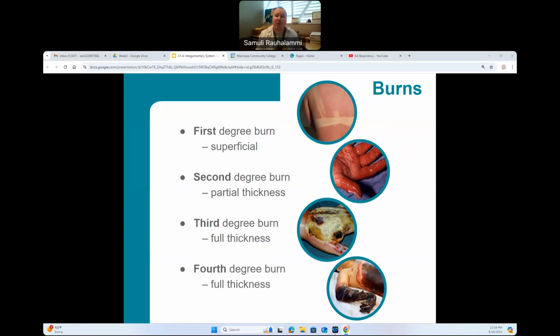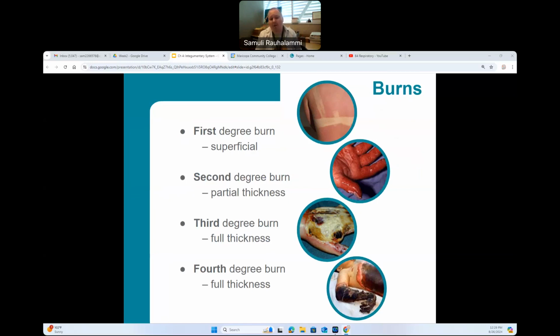Once we get to third-degree burns, these are our first group of full-thickness burns. This is where the epidermis and dermis are completely destroyed, and regeneration of the tissue is no longer possible, so skin grafts are going to be needed to treat these kinds of burns. The burned areas on third-degree burns appear grayish, whitish, or even black.